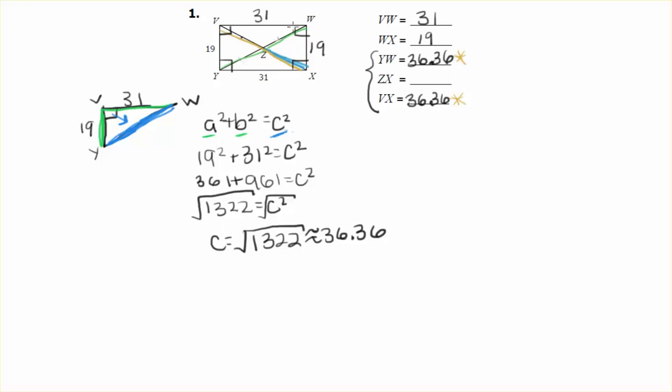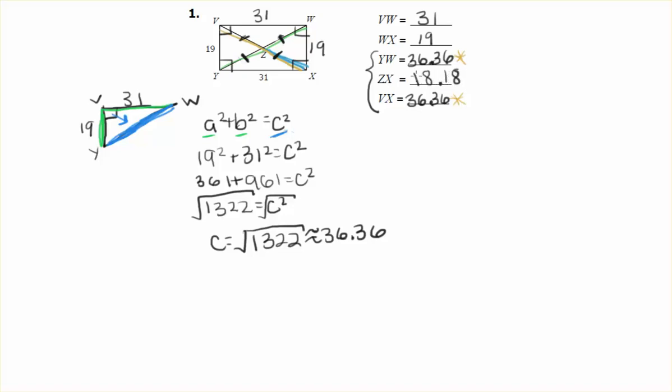If all of these diagonals are going to be congruent to each other and they bisect each other, remember bisect means it cuts it in half, so ZX should be half of VX. Half of 36.36 is 18.18.